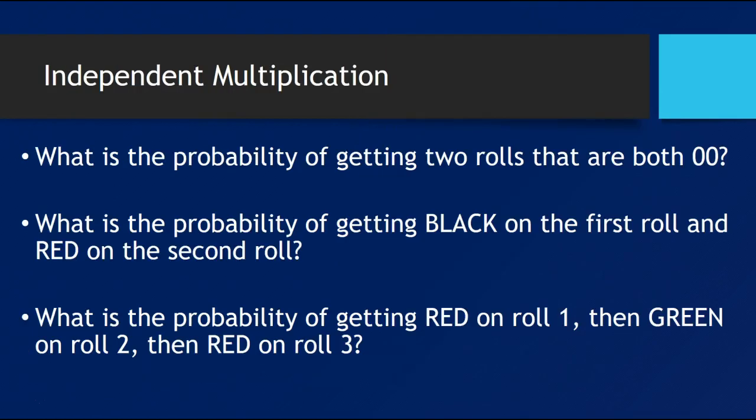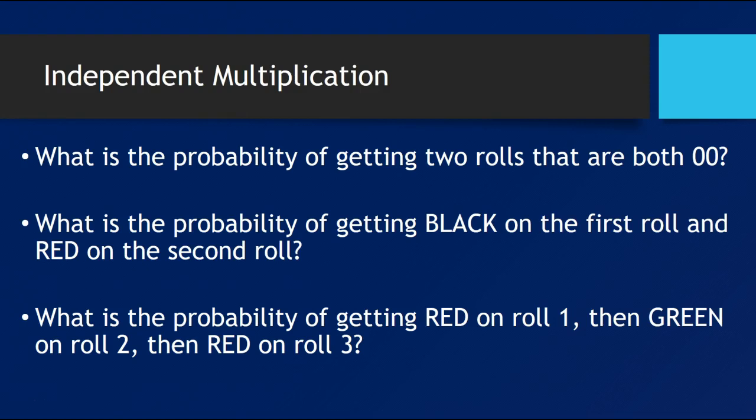So here's what we're going to do. We're going to ask, well, what is the probability of getting 2 rolls on the roulette wheel and both are double 0? All right, so the chance of getting 2 rolls that are both double 0. So we have to think back to our fact that rolling 2 times on the roulette wheel is an independent process, right?